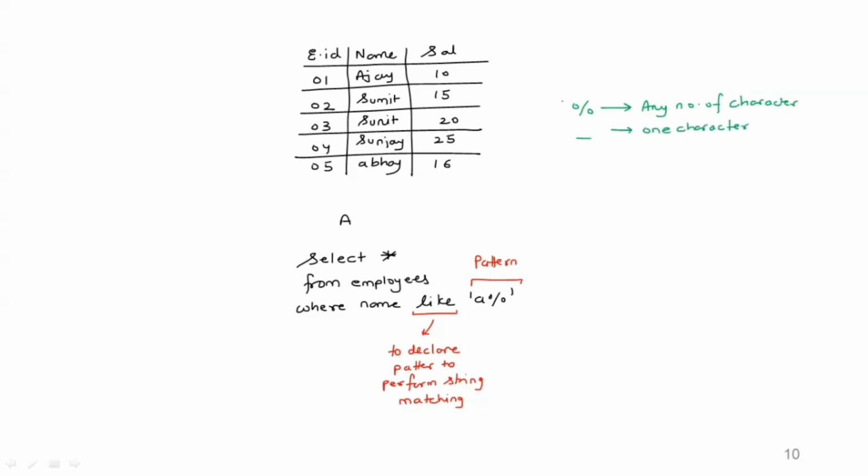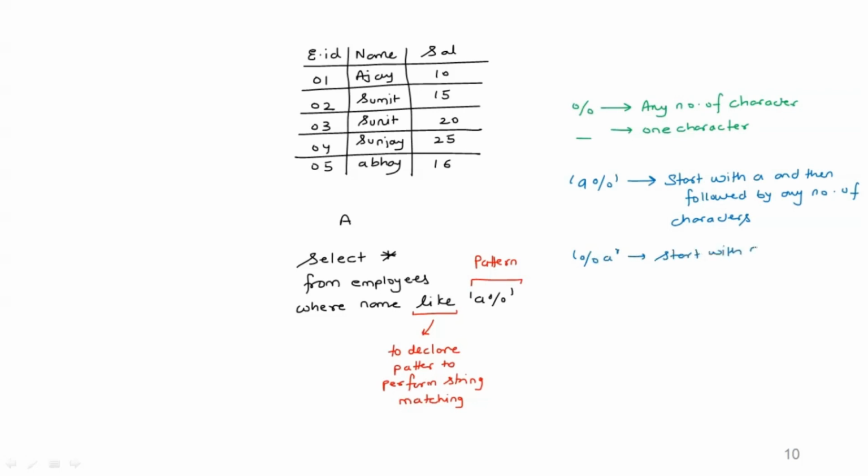So these are my two wildcard operators, percentage and underscore. When I'm writing the pattern like this, A%, this means the string should start with A and then be followed by any number of characters.